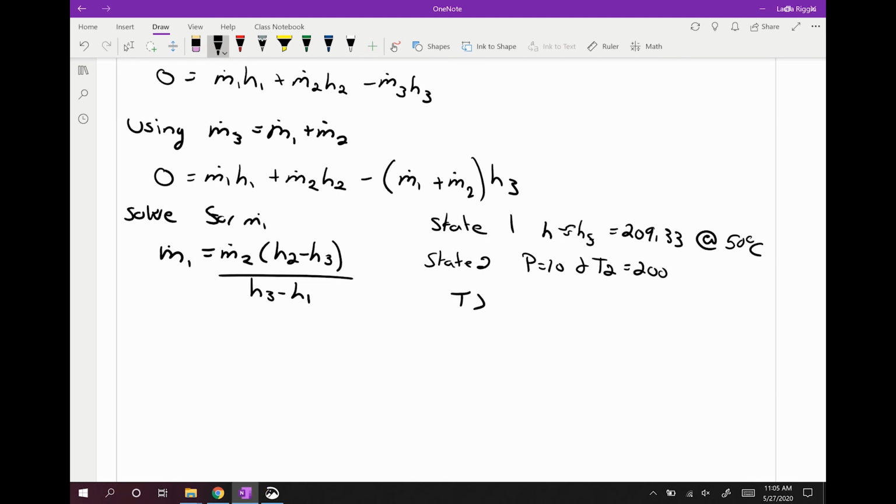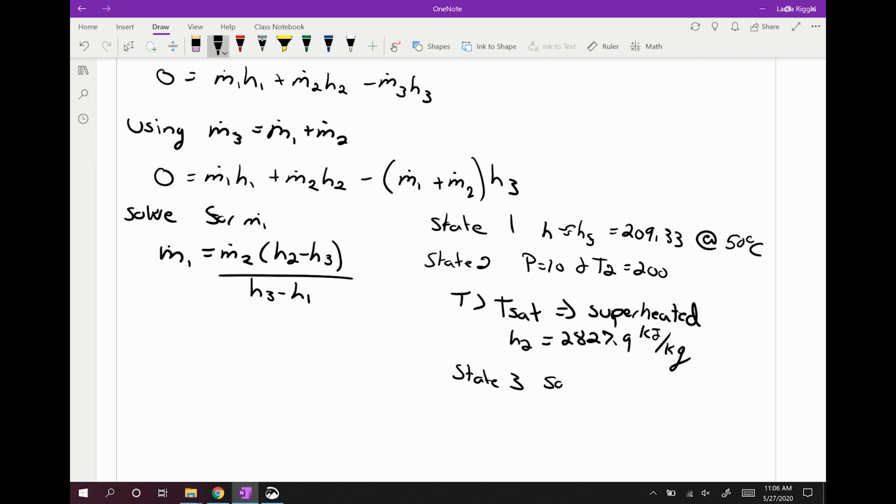My temperature is greater than my saturation temperature, so it's superheated. And for state 3, we have saturated liquid.